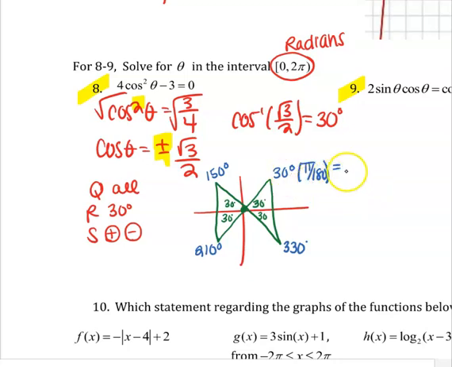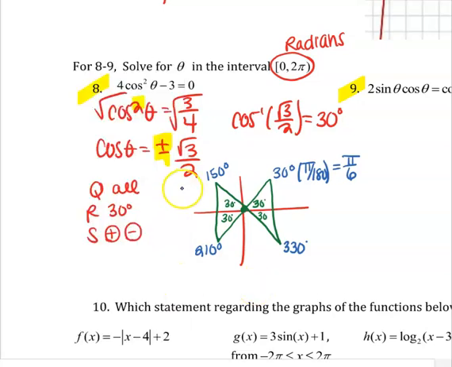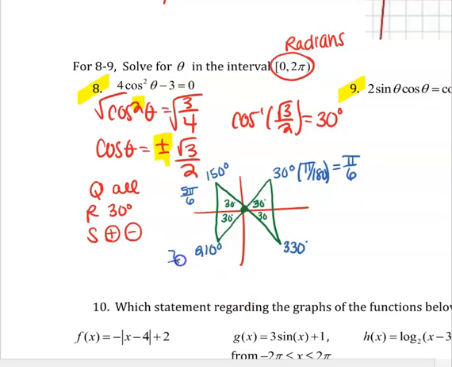Now, 30 divided by 180 is the same thing as 1/6. So this reduces to pi over 6. Okay, now I can do the same thing for the rest of these. Like if I do 150 divided by 180 and math frac that, that's 5/6. So that means this is the same thing as 5 pi over 6. 210 divided by 180 is 7/6.